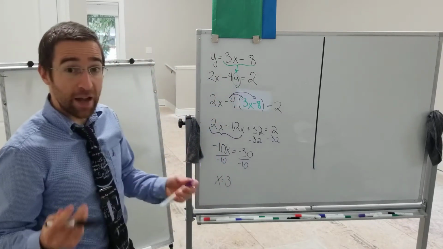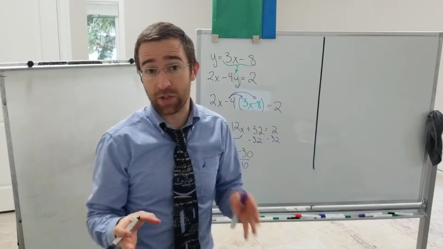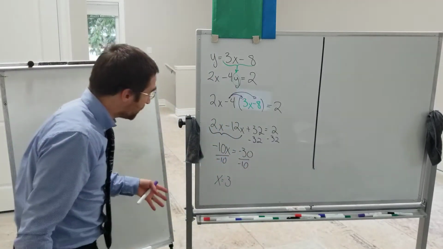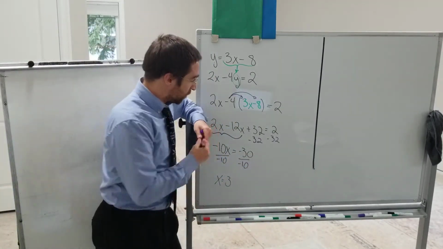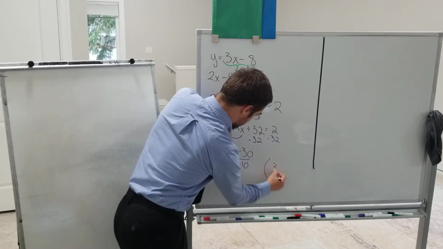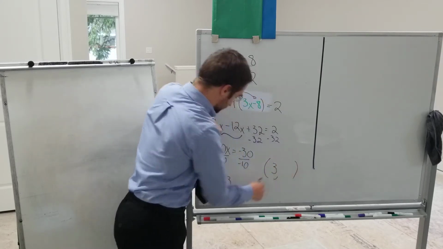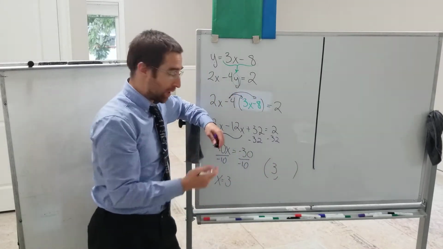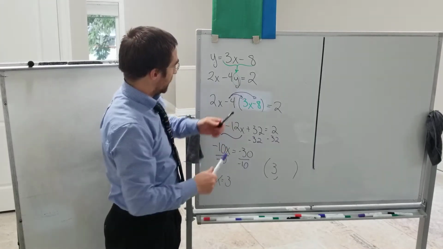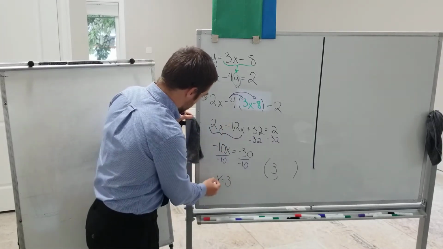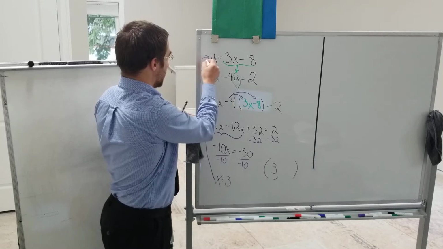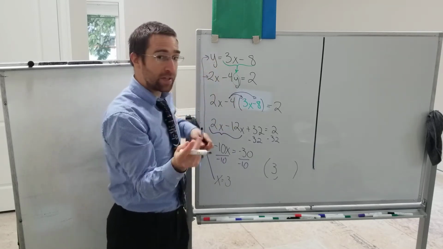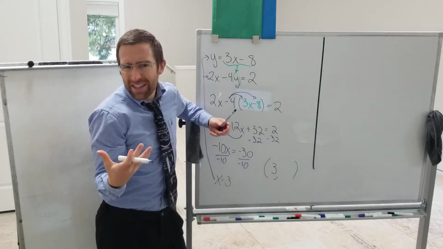All right, so we found one part of the solution. We found the x number. Remember, what we want to find is the coordinate point, 3 comma something, that works for both equations. So what we do is we go back with this x equals 3, we go back into either of the original equations, either one, but we're going to pick the easier one.